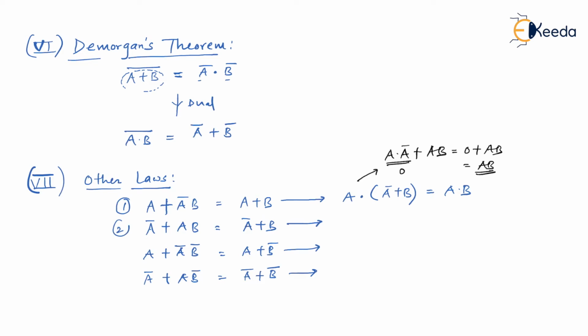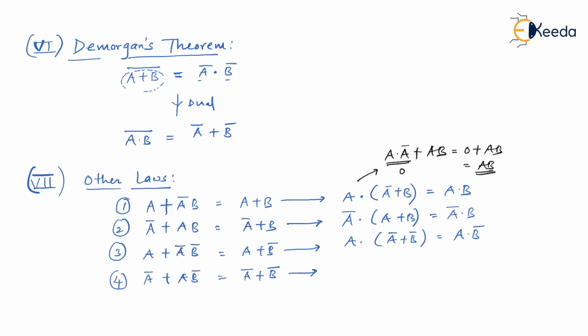Similarly, writing the dual for the second, A bar plus AB, I can write A bar dot A plus B, which is equal to A bar dot B. Third relation: now I can write A bar plus A bar B bar as A dot A bar plus B bar, which is equal to A dot B bar.